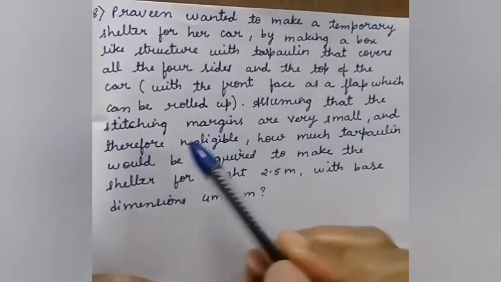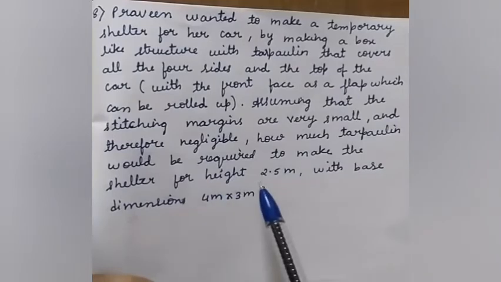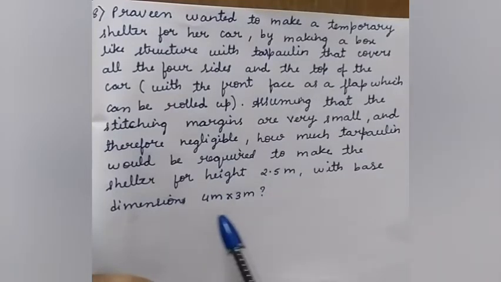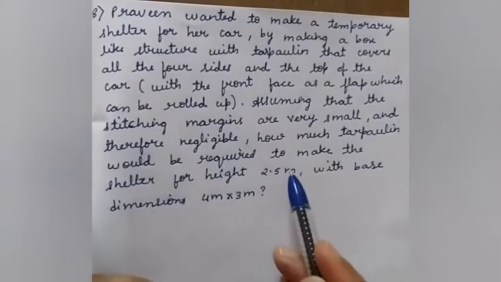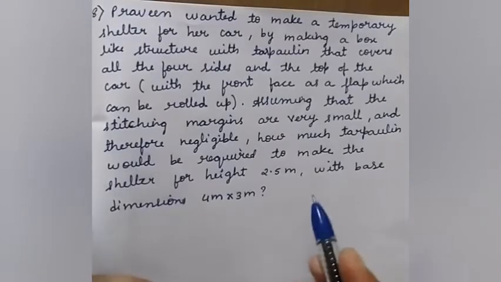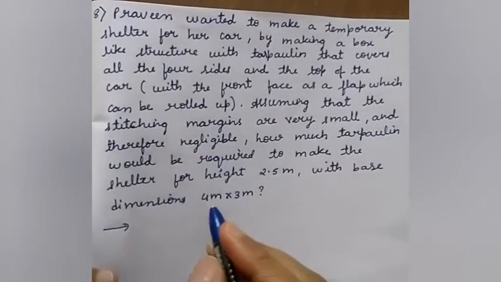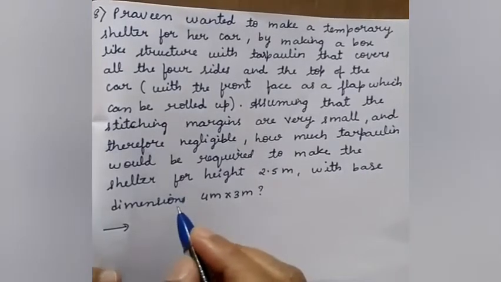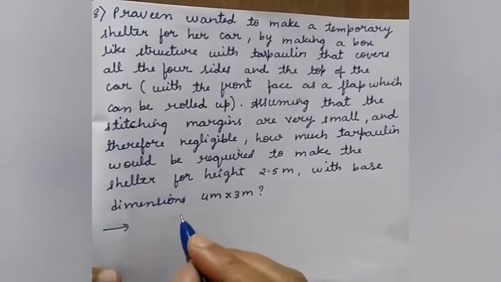And assuming the stitching margin to be very small, we can neglect it. Height given is 2.5 meter and the base dimensions as 4 meter and 3 meter, which can be taken as length and breadth, and this is the height given. So we have to find how much area of tarpaulin is required to make the shelter.